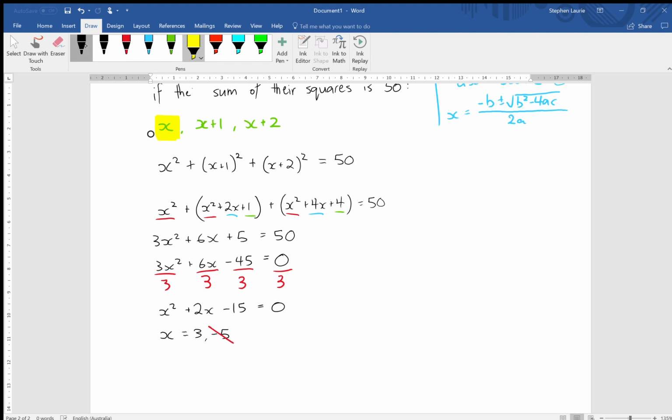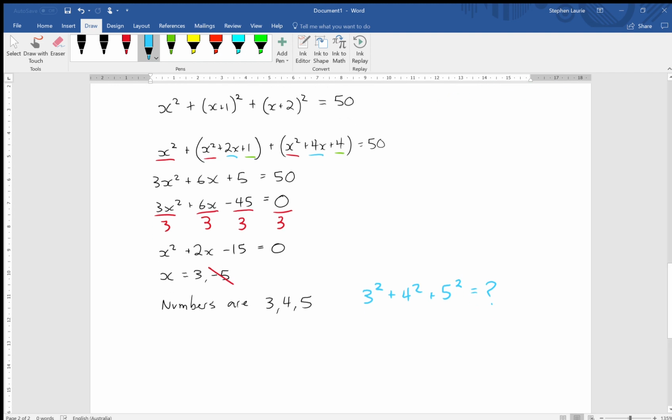So if the first of our numbers is 3, then the next 2 numbers are 4 and 5. And that's our answer. If you have a think about it, I'll let you do this for yourself: what's 3 squared plus 4 squared plus 5 squared? What do you get if you add all that together?